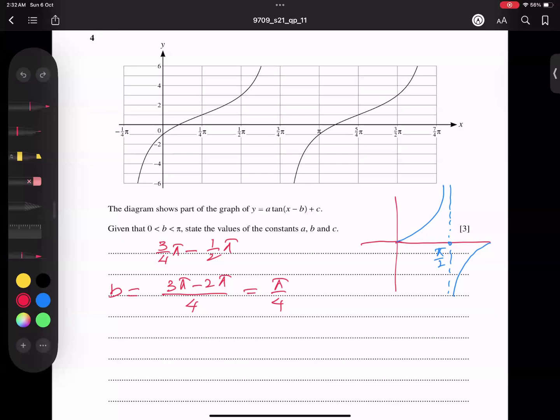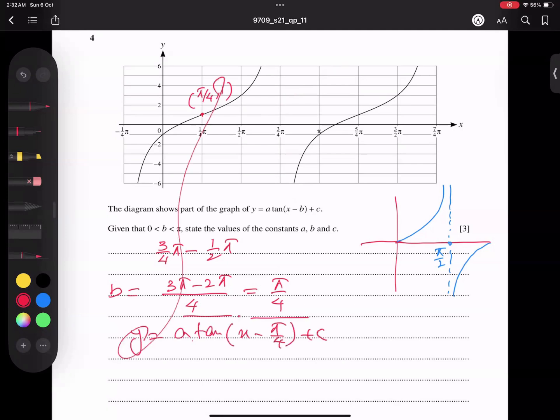Now, what is afterwards? We have many options, but I think this point is very crucial. At this point, x is pi by 4, y is 1. So I can plug this point in and get the answer. y equals a tan(x minus pi by 4) plus c.